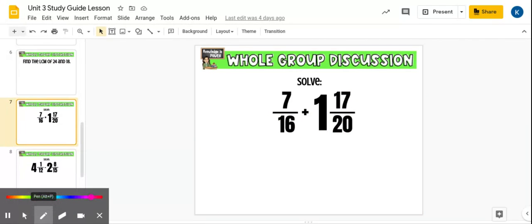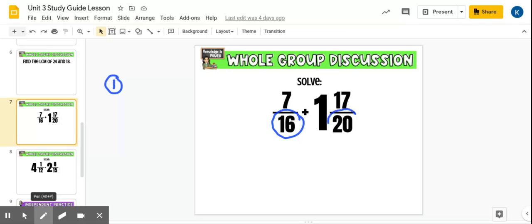So this problem right here, it says solve 7/16 plus 1 and 17/20. Well, our first step, step 1, is going to be, and I'm actually going to put it over here, finding the LCM, or the least common multiple, of 16 and 20.